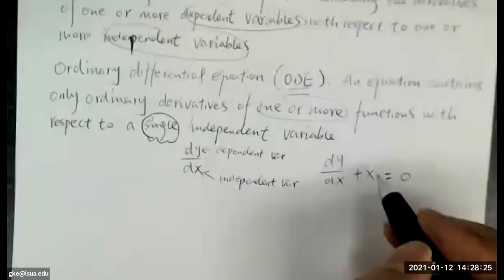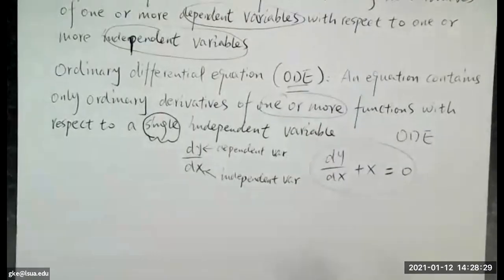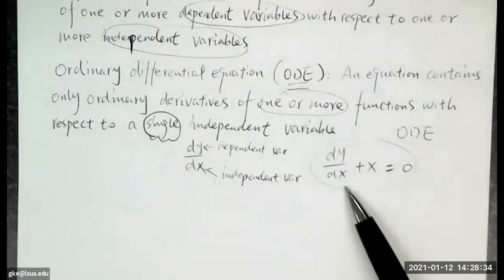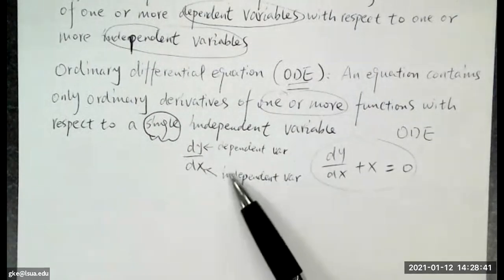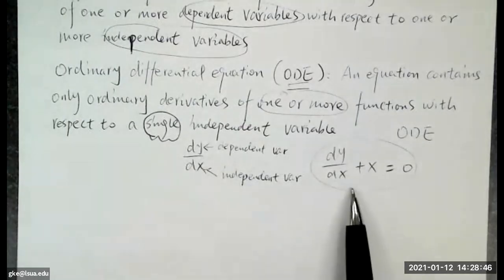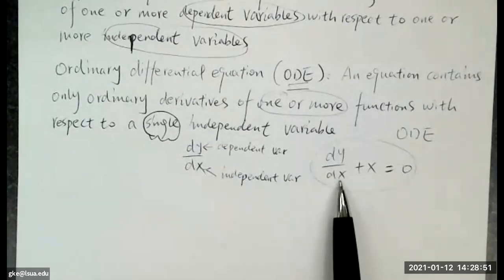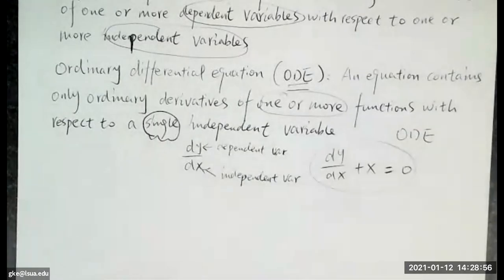We call this an ODE, because we have only one single independent variable based on the definition, because the denominator is the independent variable. So that means that is an ODE.